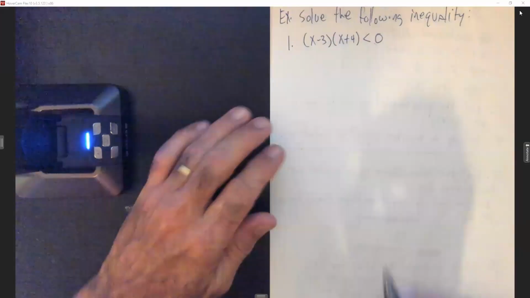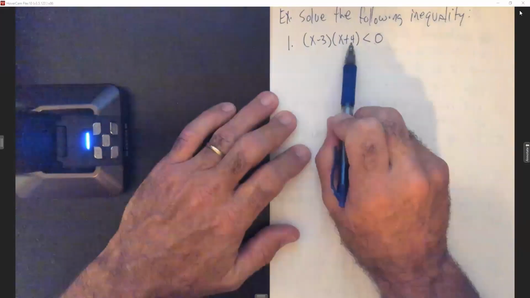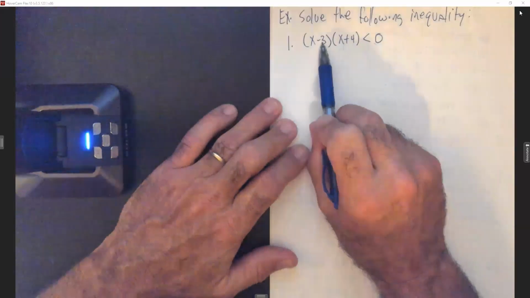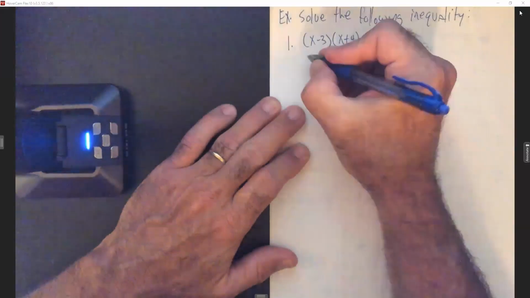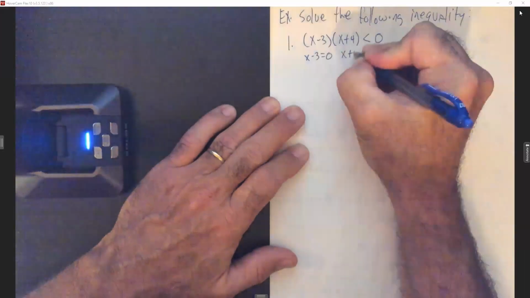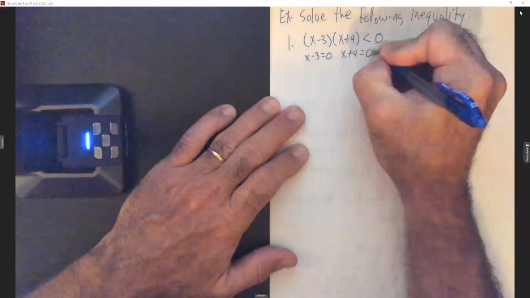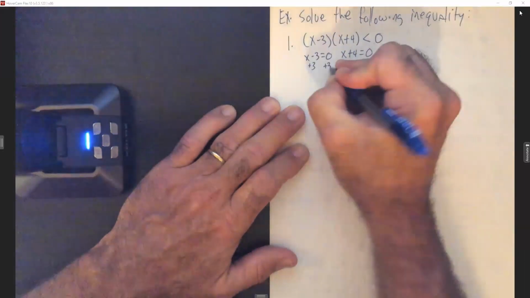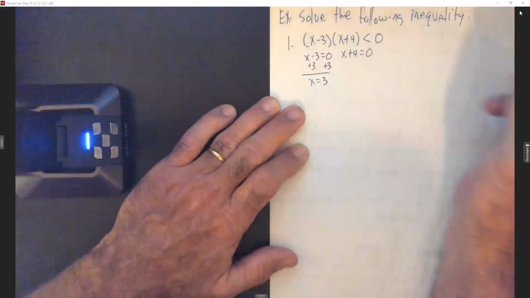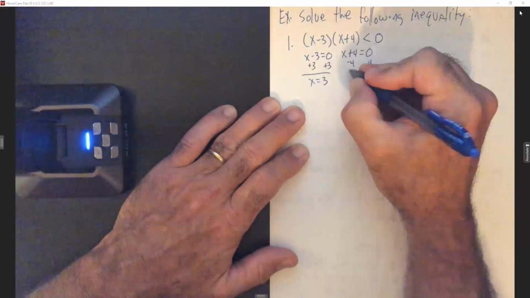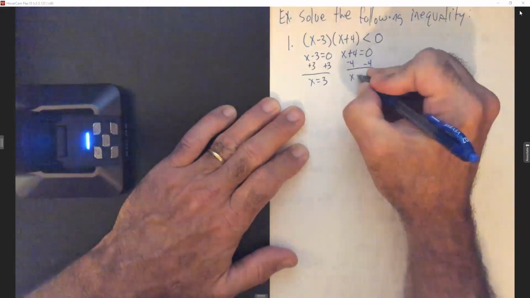Now I'm happy on this one. They've already factored it. So when it's already factored, you take both of these factors and set them equal to 0. And then solve both of these. So the first one, I'm going to add 3, and I get x equals 3. The second one, I'm going to what? Minus 4, and I get x equals a negative 4.